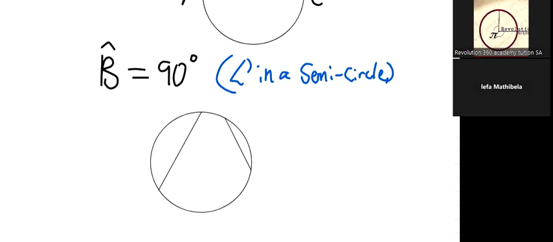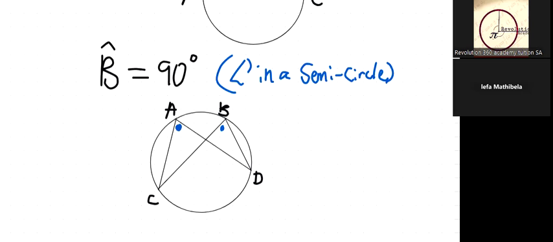Bow tie is like that. So angles subtended by the same chord are equal. So this is A, B, C, D. This basically means angle A is equal to angle B always.